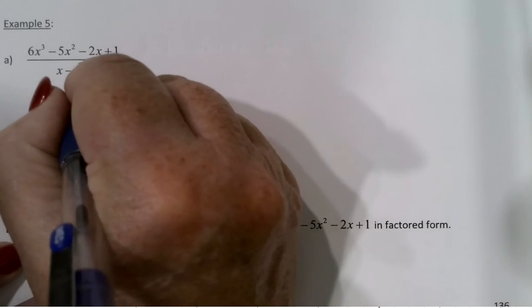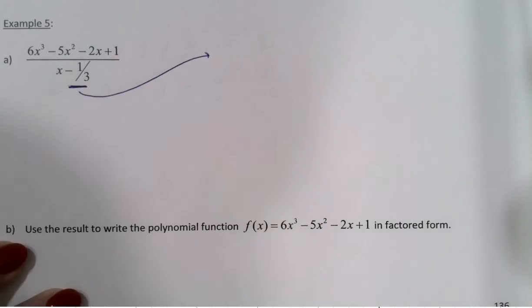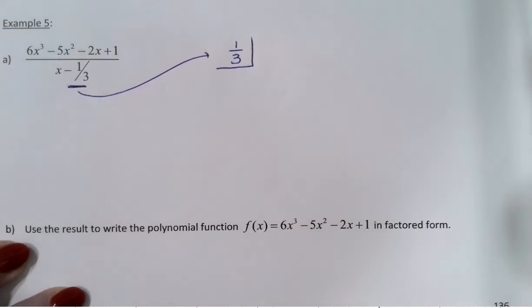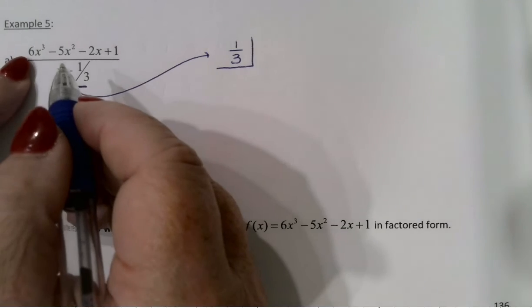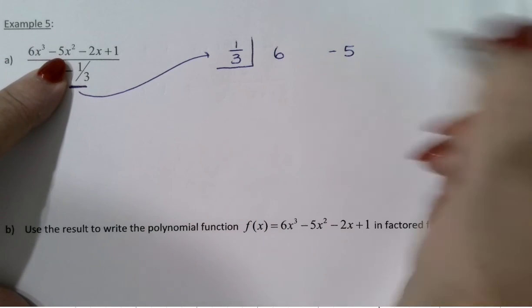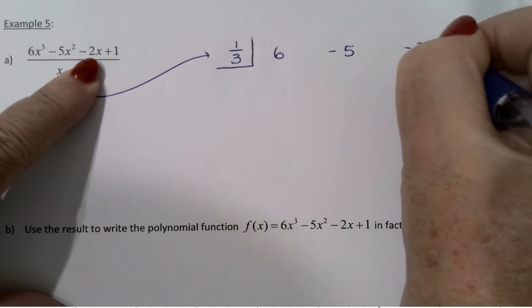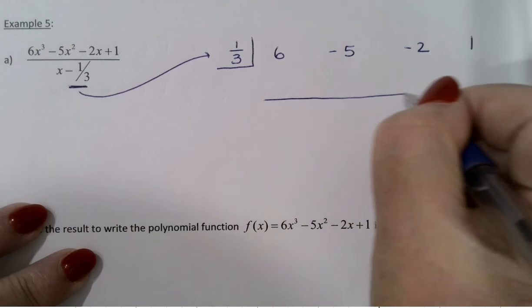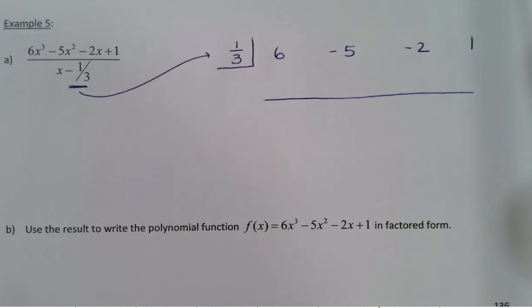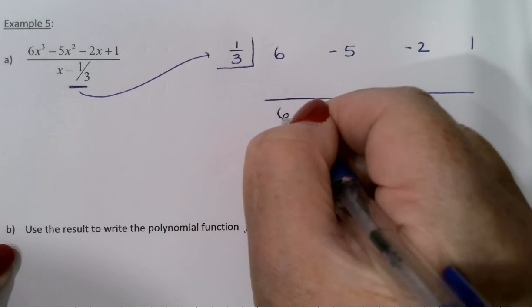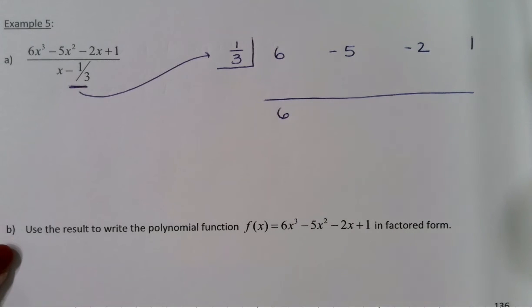I take that number, the opposite sign, so positive 1/3, and then my coefficients. 6, -5, -2, 1. All right, I start by just bringing down the first number, the 6. And then I'm going to begin the multiply and add.